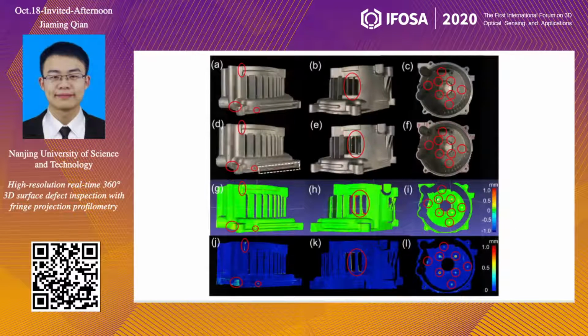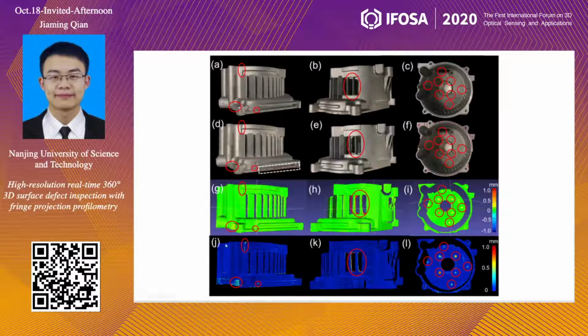We also use our method to inspect a workpiece. Figures A to C are the standard workpiece. Figures D to F are the measured workpiece. Figures G to I are the inspection results of a professional 3D point cloud processing tool, MeshLab.